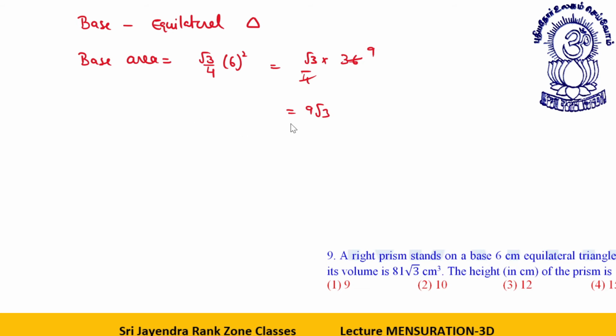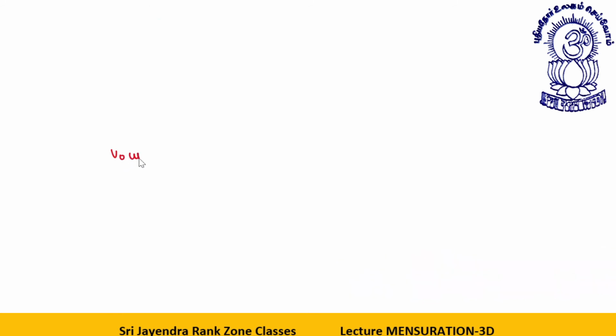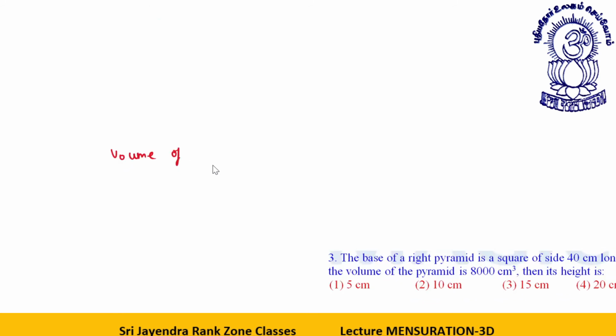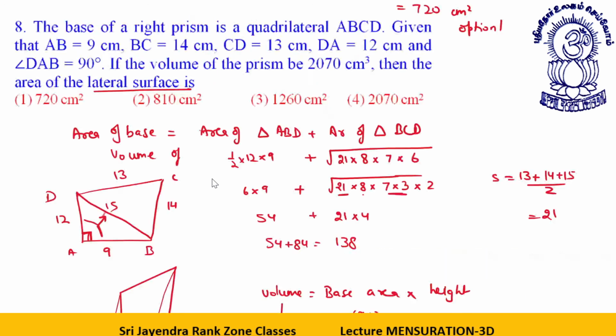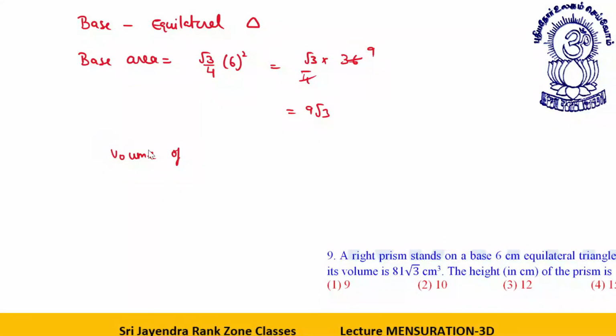Volume is 81 root 3. Height of the prism is C. What is the formula for volume of prism? Just give me, dear second year students. So the volume of prism is base area into height.